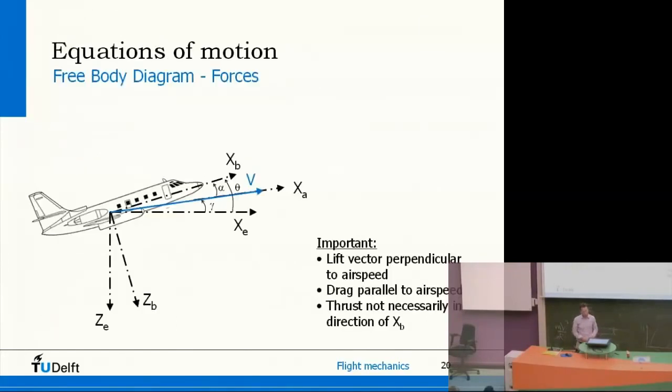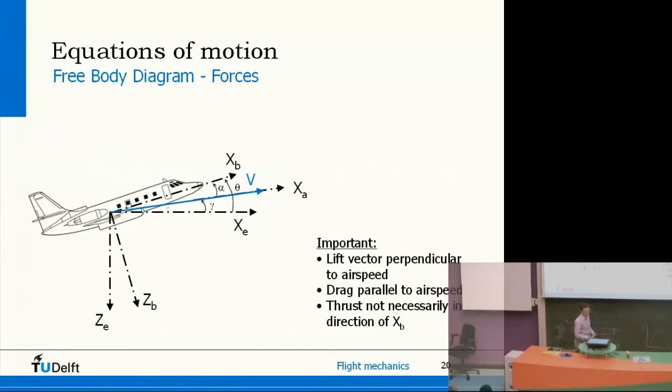And now back to our equations of motion. So this is the picture I just made before. What I'm going to do now is make a free body diagram with all the forces, and a kinetic diagram with all the accelerations of the plane. Combining those will give us the equations of motion. So let's list which forces are acting on the plane.